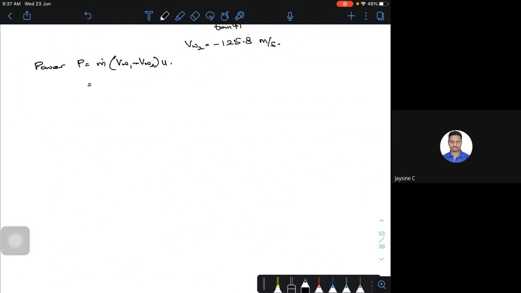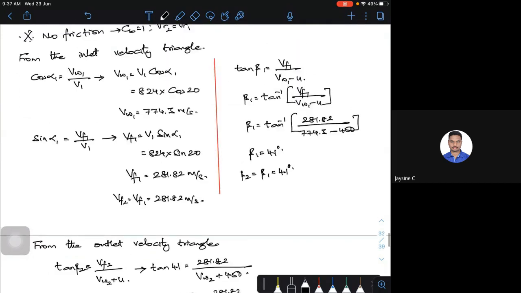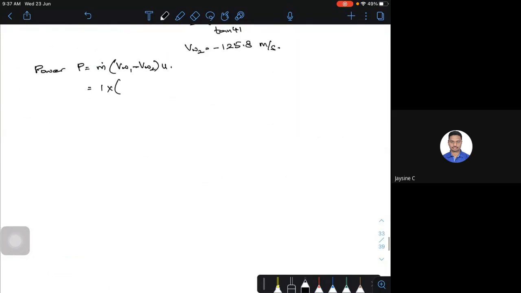So assuming m dot is equal to 1 kg per second, 1 into your Vw1, which is 774.3, minus 125.8, into 450.